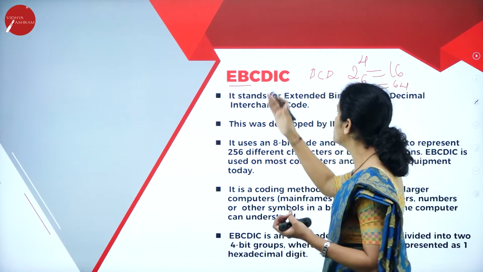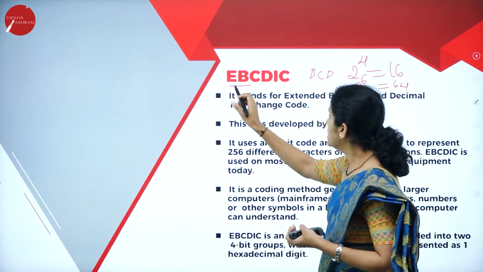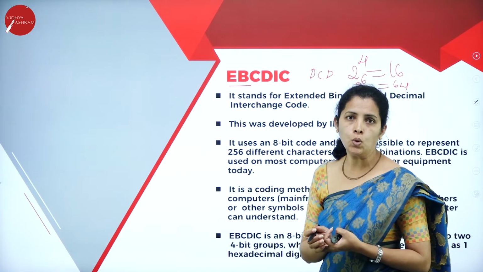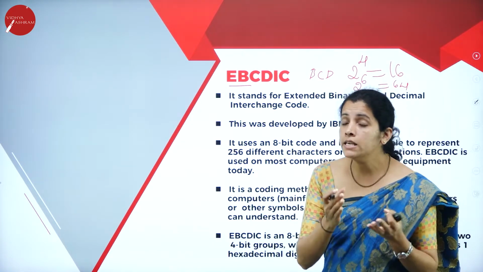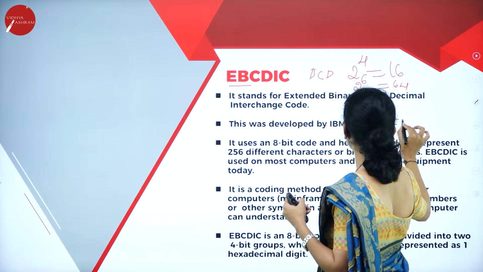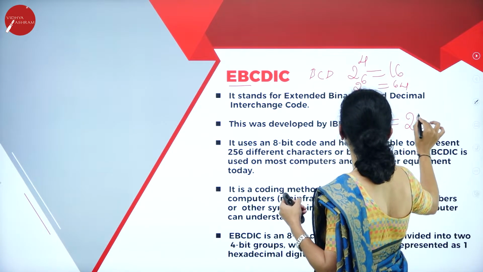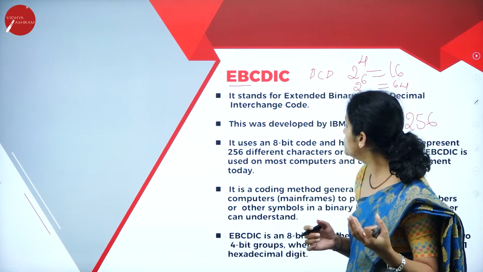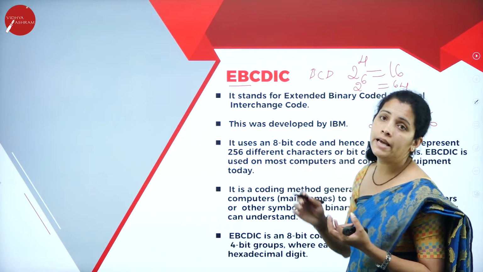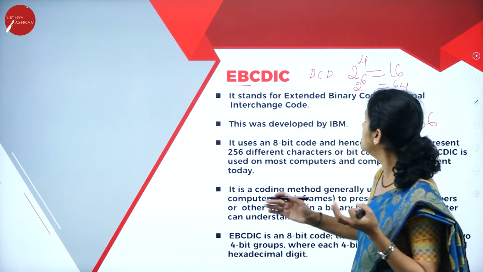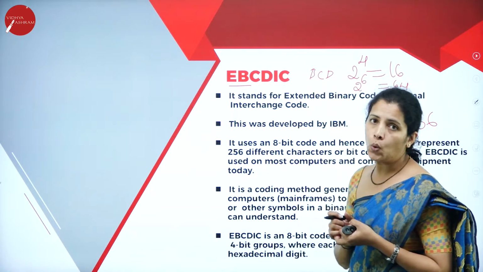For that reason, we are having extended binary coded decimal interchange code. To represent this, we are having 2 to the power 8. That is nothing but I can represent 256 different characters by using EBCDIC.